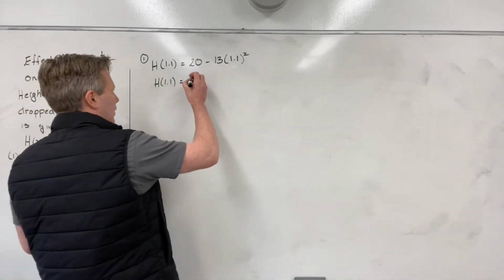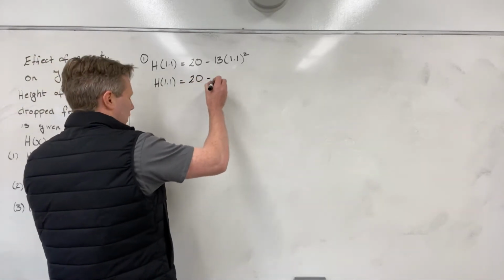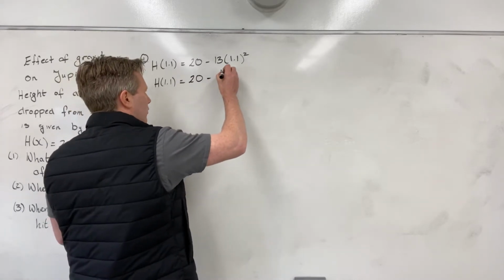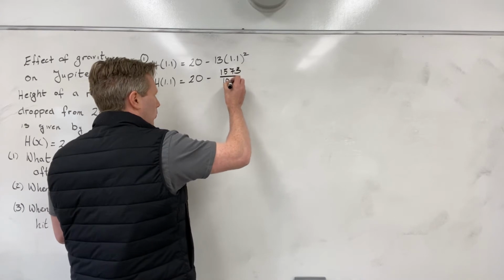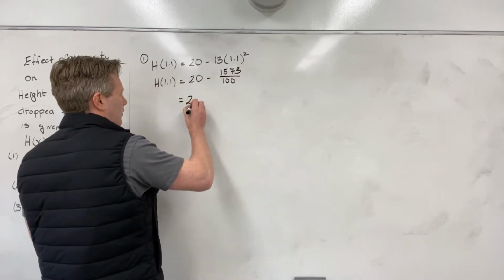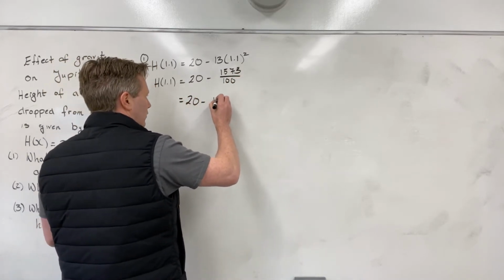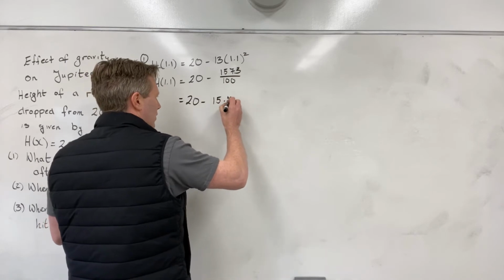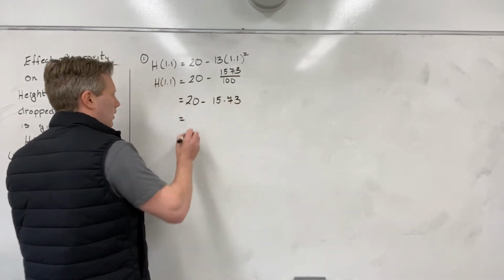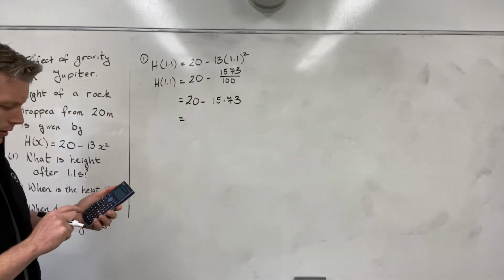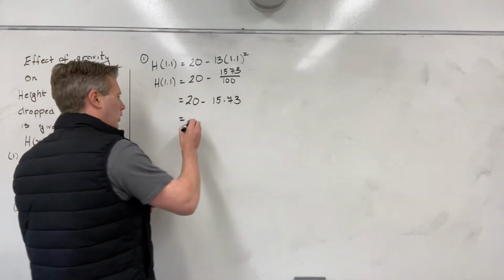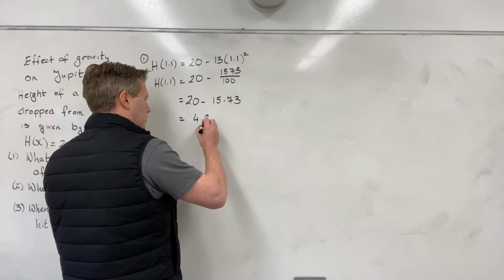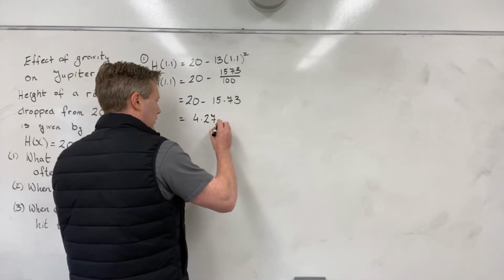So let me just write that down. It becomes 20 minus 1573 over 100, which is the same as 20 minus 15.73. And the calculator tells me that is equal to 4.27 meters.